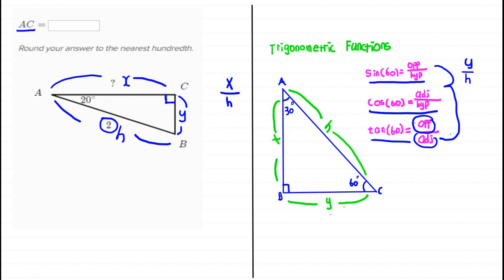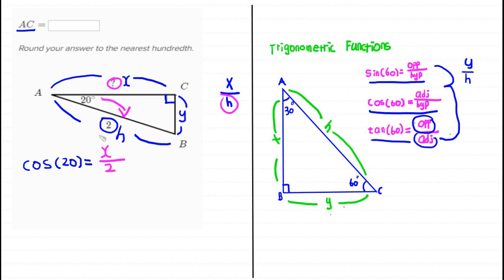Okay, so if you make an equation, it's going to be cosine of 20 will be equal to x over h, where x we don't know, so we'll just leave it as a variable, over h, hypotenuse, which is 2.